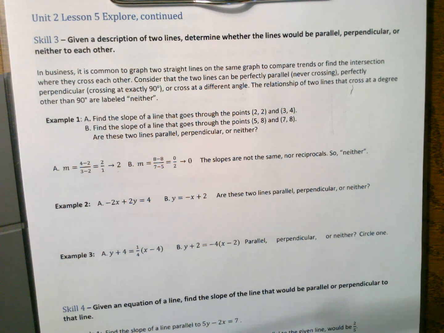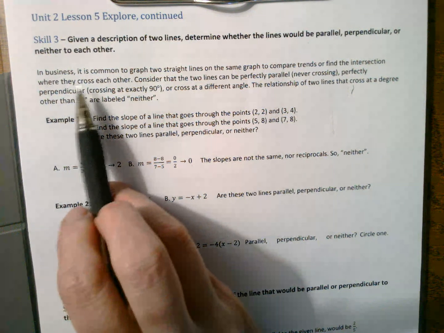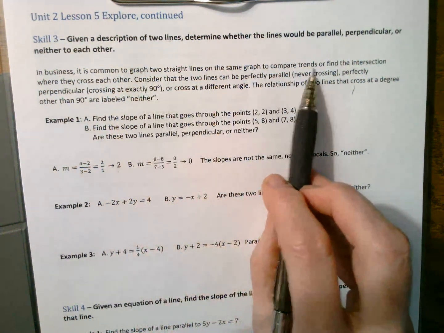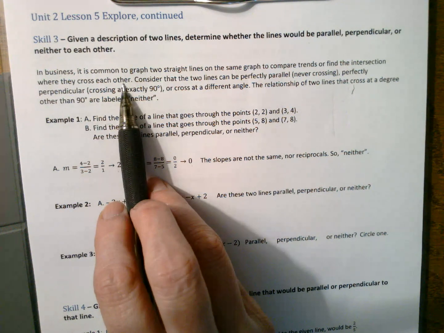All right, Unit 2, Lesson 5, page 3, Skill 3. Given descriptions of two lines, determine whether the lines would be parallel, perpendicular, or neither to each other. We're describing the relationship of two lines on the same graph. In business, it's common to graph two straight lines on the same graph to compare trends or find the intersection where they cross.